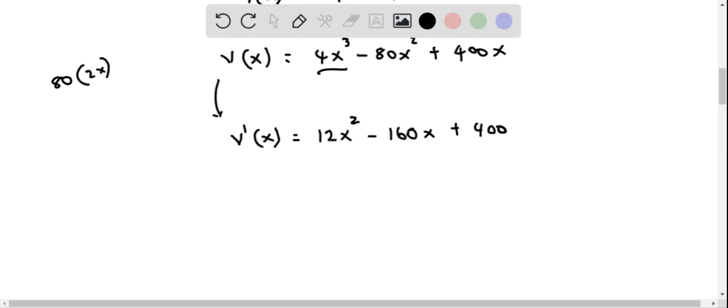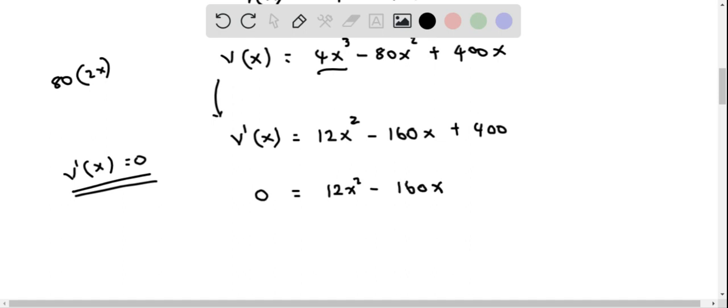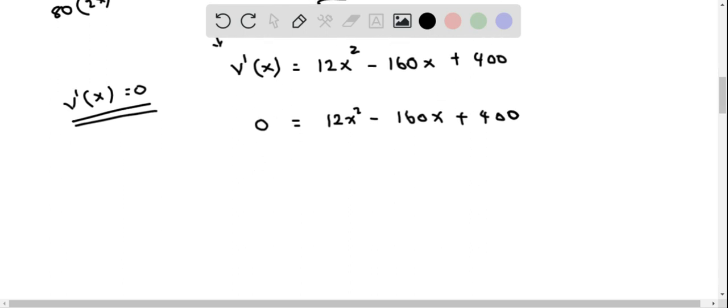Now we have to set this equal to 0, that is V prime of x equals 0, and solve for x. So replacing this by 0, we get 0 equals 12x squared minus 160x plus 400. We can divide both sides by the common factor 4. So we get 0 equals 3x squared minus 40x plus 400 divided by 4 is 100.